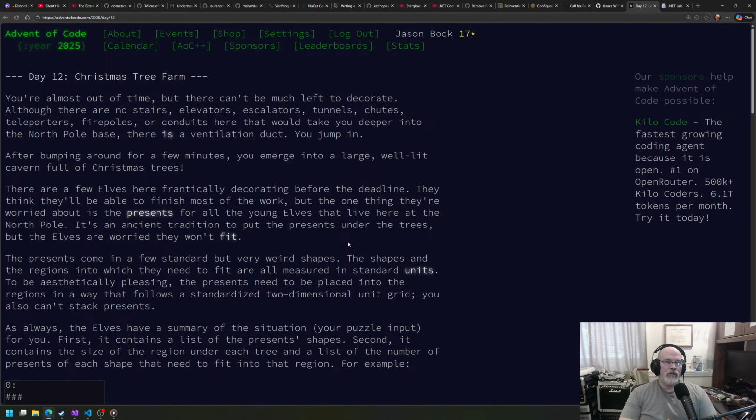Day 12. You're almost out of time, but there can't be much left to decorate. Although there are no stairs, elevators, escalators, tunnels, chutes, teleporters, fire poles, or conduits here that would take you deeper into the North Pole base, there is a ventilation duct. You jump in. Just like Die Hard or Aliens.